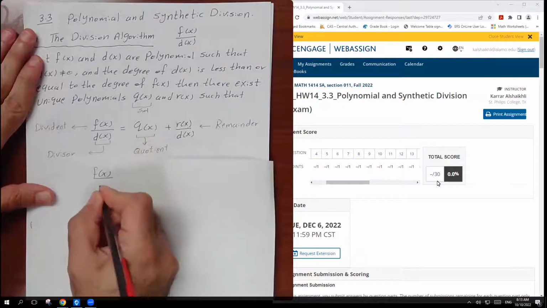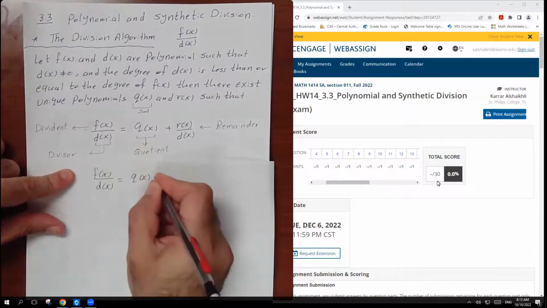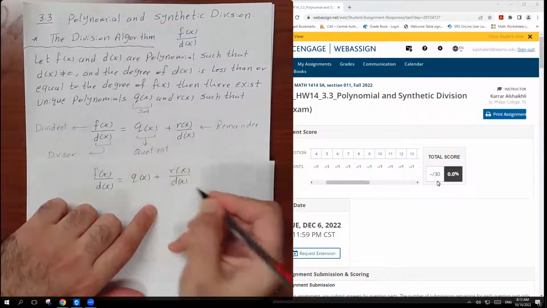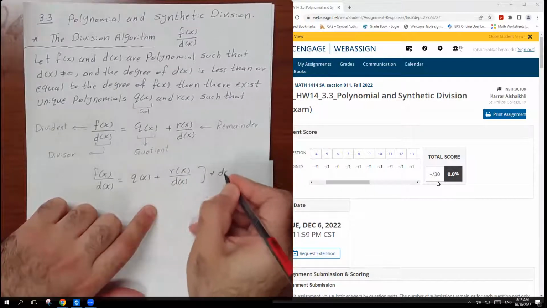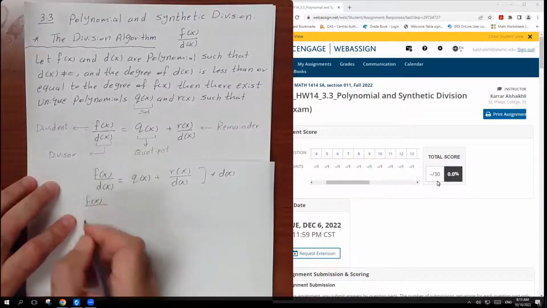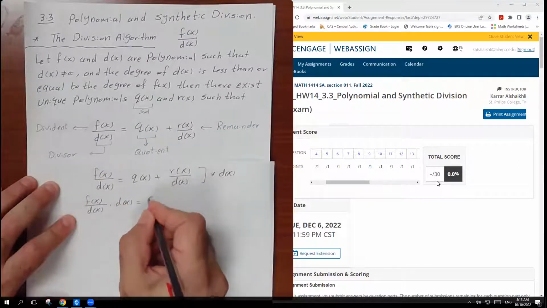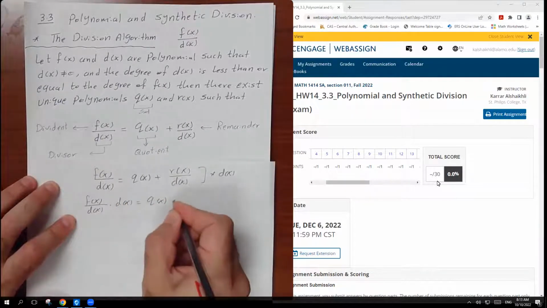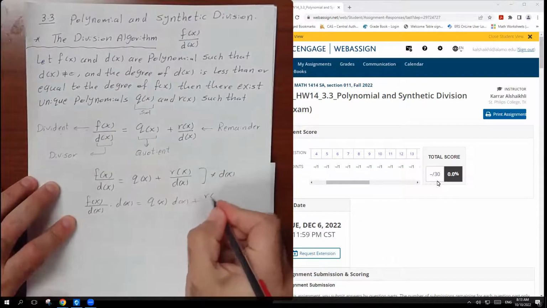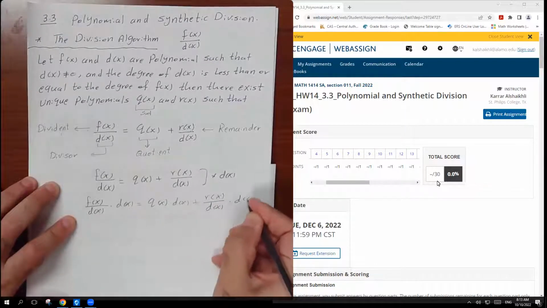Here's the polynomial I have, f of x divided by d of x equals q of x plus r of x divided by d of x. If I multiply everything by d of x, that means f of x over d of x times d of x equals q of x times d of x plus r of x divided by d of x times d of x.